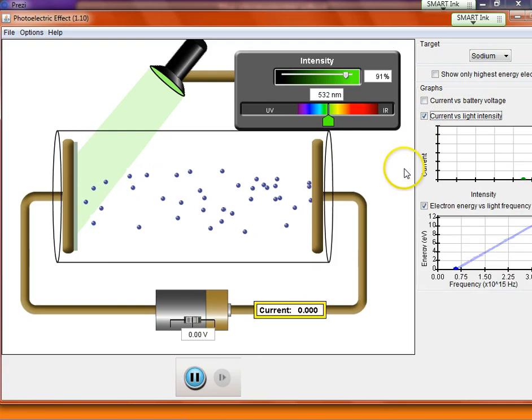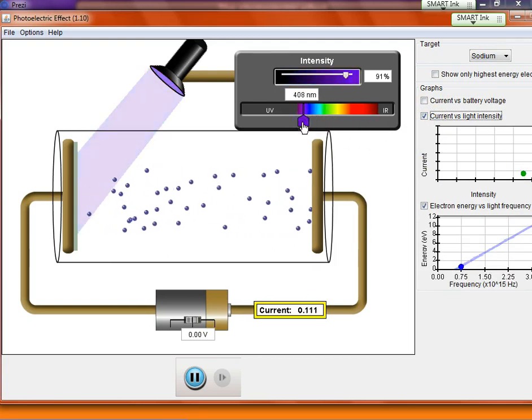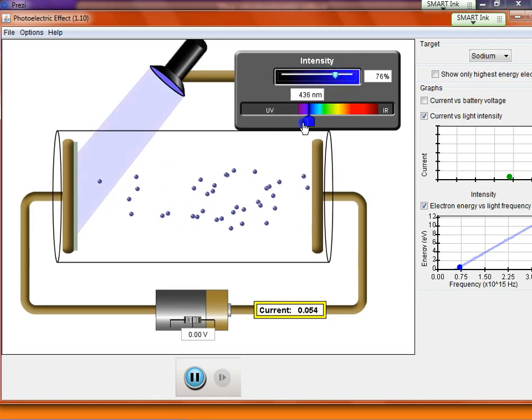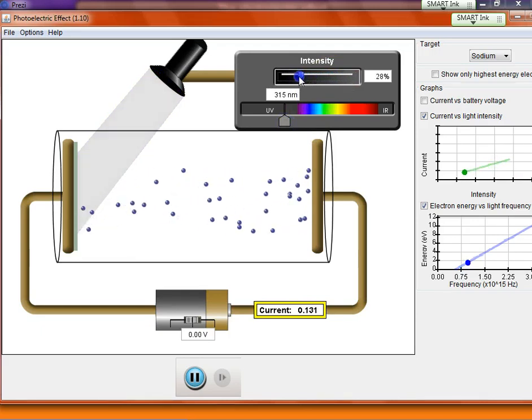If I look at my second graph over here, current versus light intensity. So let's say I have a certain number. If I decrease the intensity, you can see that the current, which is really the electrons coming out, decreases down to 0.